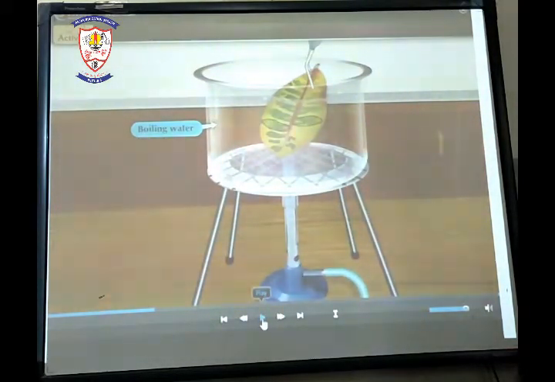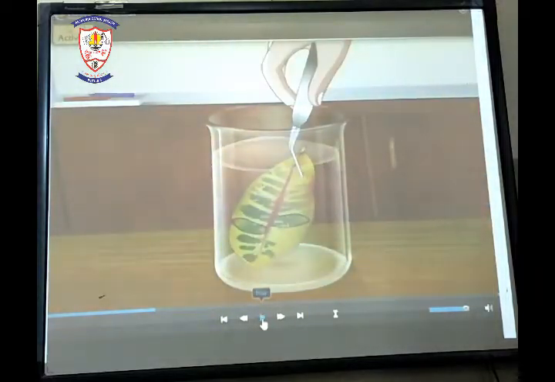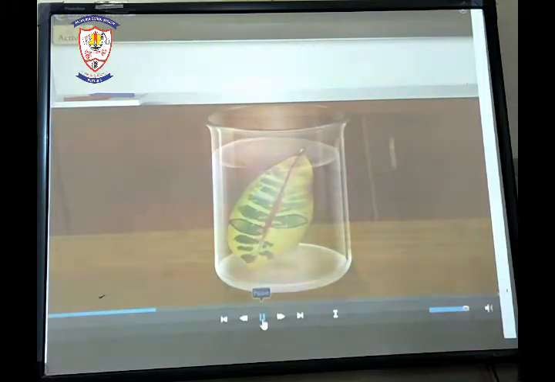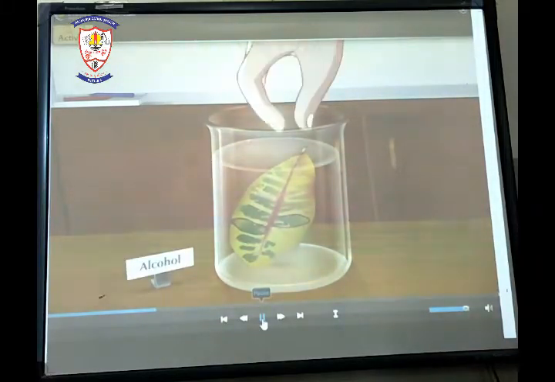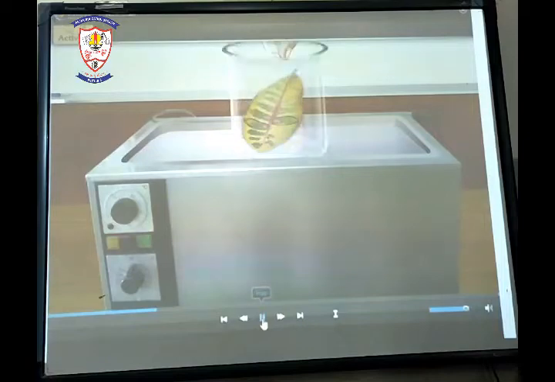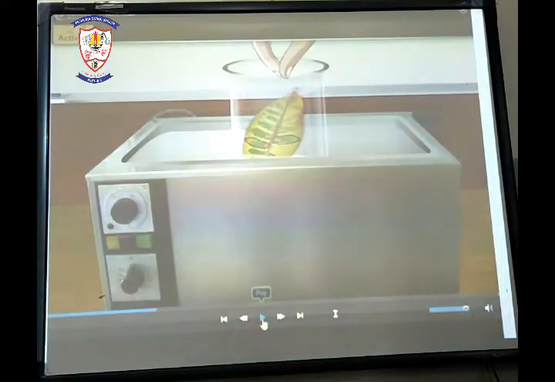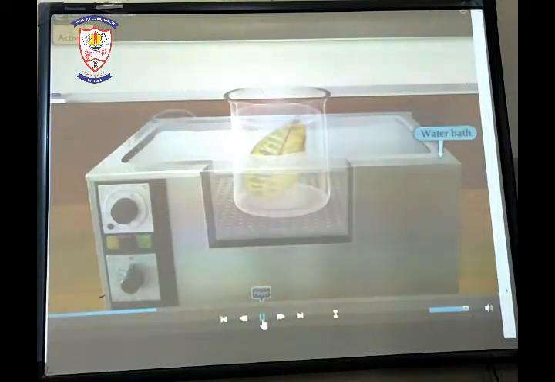Now put this leaf in boiling water for a few minutes, then remove the leaf from that water and immerse it in a beaker containing alcohol. Now put this beaker carefully in a water bath and heat it gently.